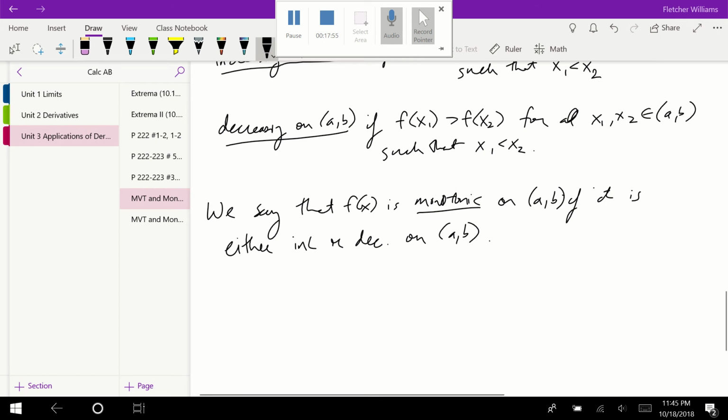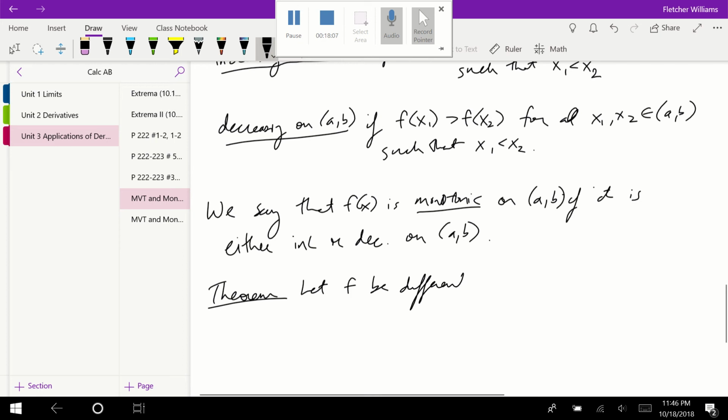Okay, so let's get a theorem. Let f be differentiable on (a,b). Okay, so if the derivative is greater than 0 for all x in (a,b), then f is increasing.